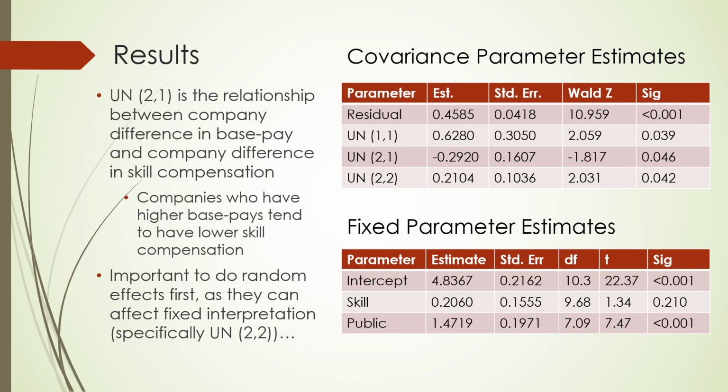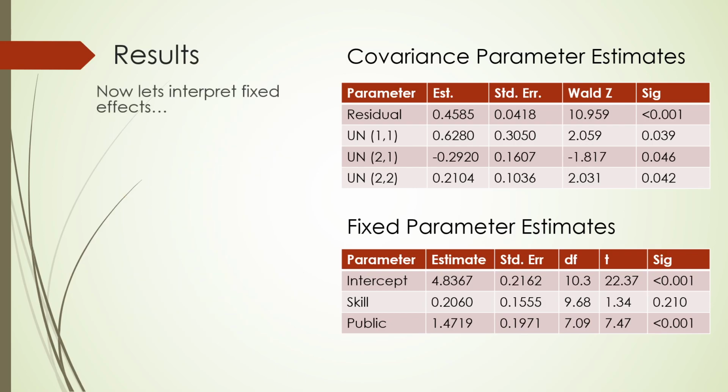And as we talked about, this particular one indicates potentially an interaction effect. And here in the covariance parameter estimates, we can see that this is a statistically significant interaction effect. So that's why this is important to account for first, because it's important to acknowledge the interaction effects before we interpret the main effects. And we want to be careful about that.